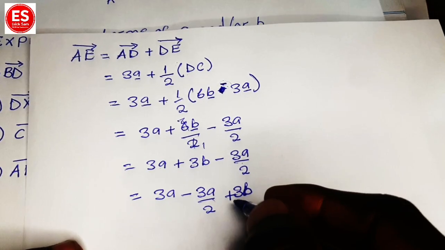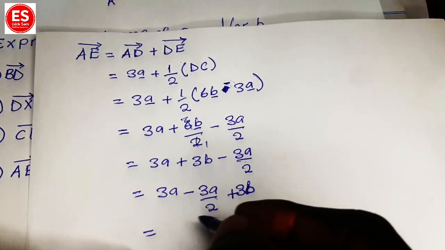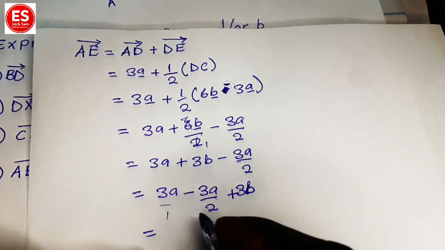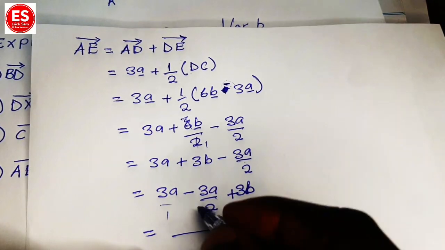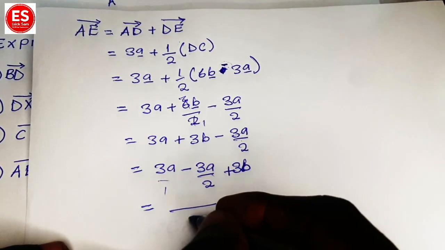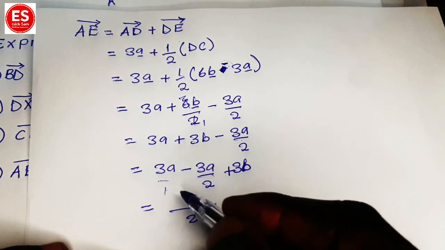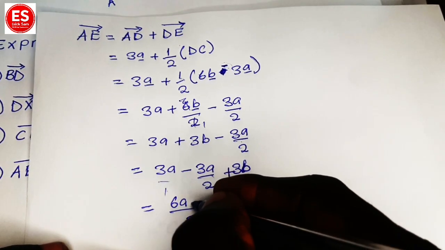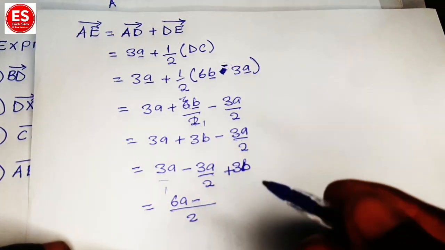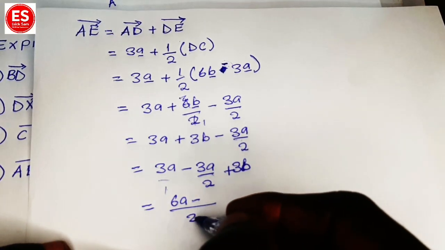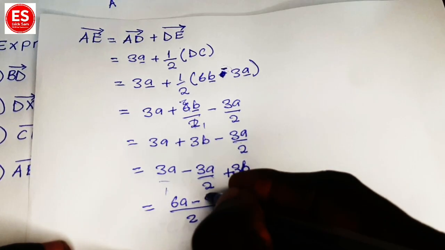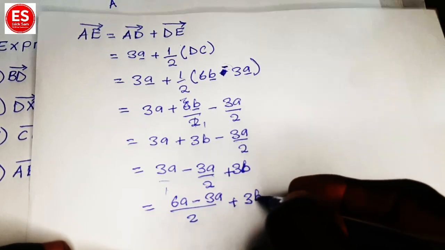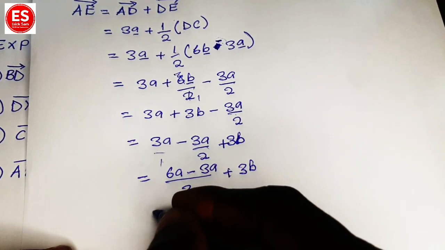You're going to say equal to, here now if you find the common denominator here is 2. 1 into 2 is 2 times that is 6a minus, okay, then 2 into 2, 1 times that is 3a, then plus 3b, okay, then you're going to subtract there.